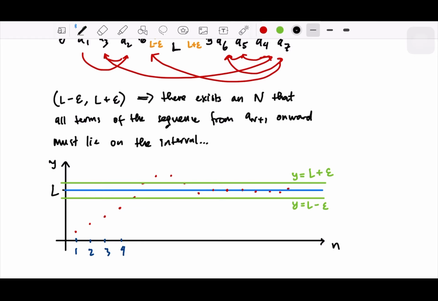Let's just set some integer that is here. Which means that there will be some integer that we can set up for any epsilon that we have, and the terms must lie between L minus epsilon and L plus epsilon.